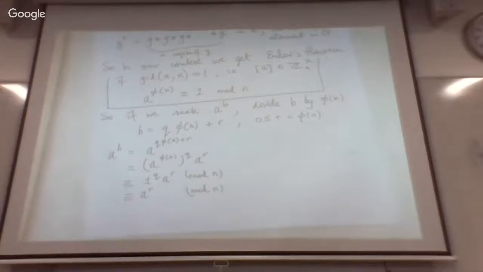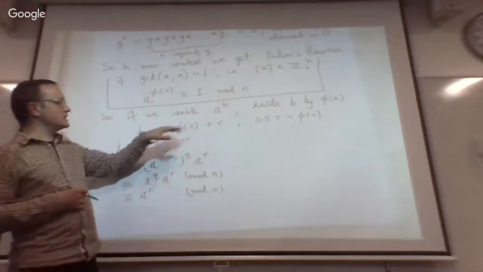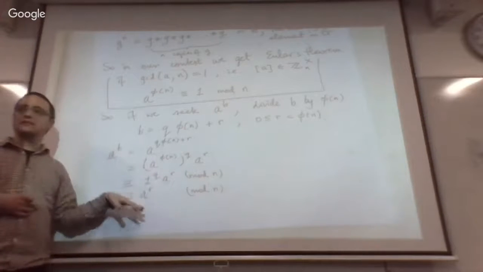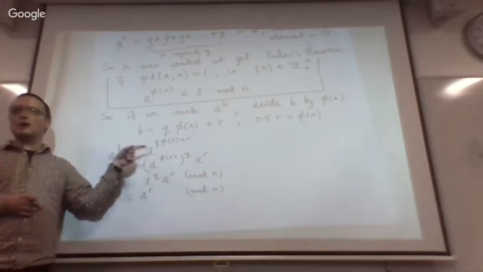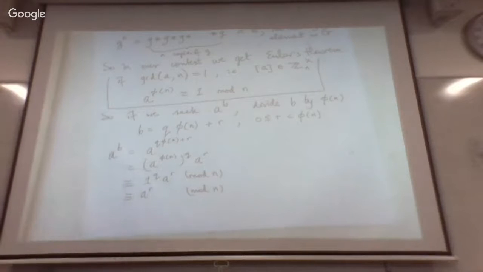In terms of the coursework, b could be as bad as an 8-digit number, like your ID number that you're asked to deal with in multiple questions. So knowing phi of n, knowing the size of this group, allows us to break down the exponents. So that's why we're so interested in phi of n.